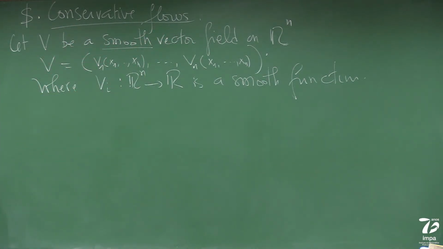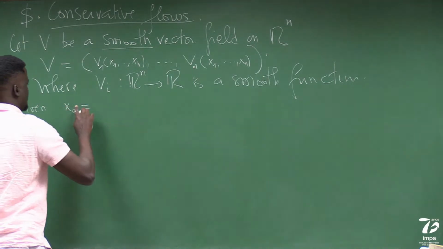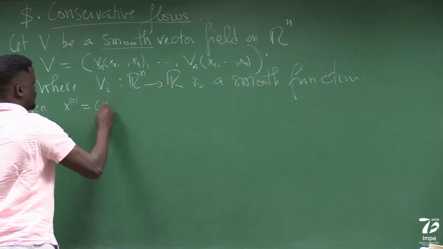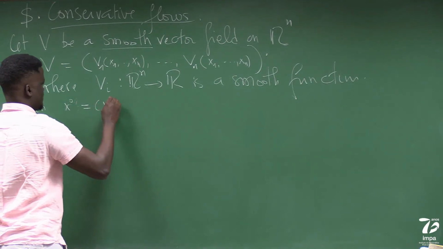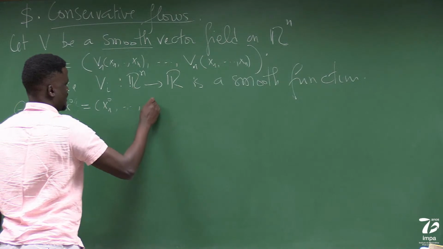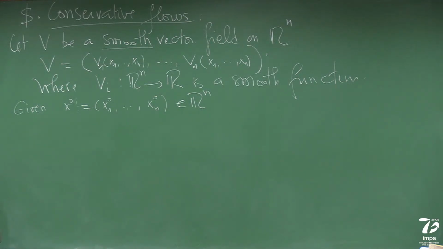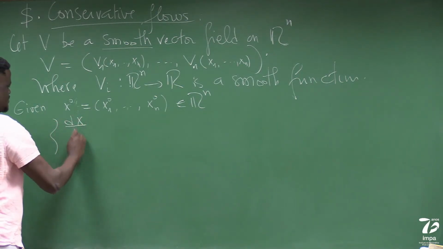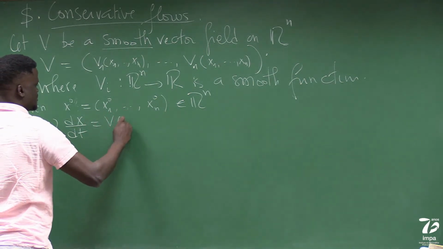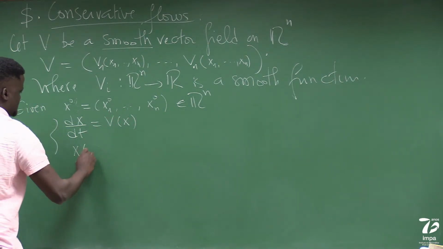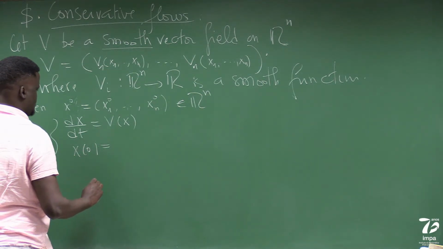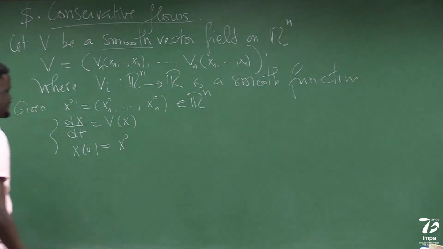Given x naught, which is x1,0 to xn,0 on Rn, you can think of solving this ODE, dx over dt equals V of x, with x at t equals 0 equal to x0.